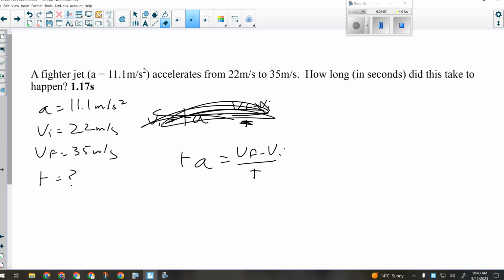So we're going to multiply both sides by time, and divide both sides by A. That's better. That's the formula we want to use. So we'll take our 35, which was our final, subtract our initial, which was 22, and divide that by the acceleration, which was 11.1, and that'll give us our 1.17 seconds. Doesn't take very long with an acceleration that large.